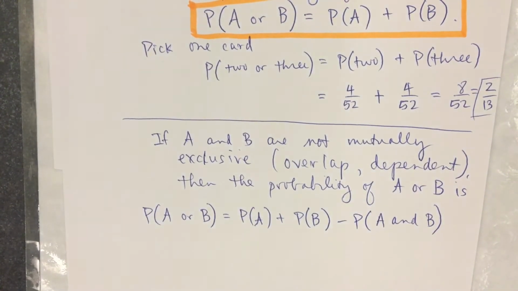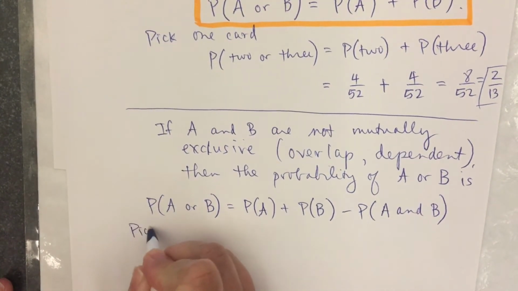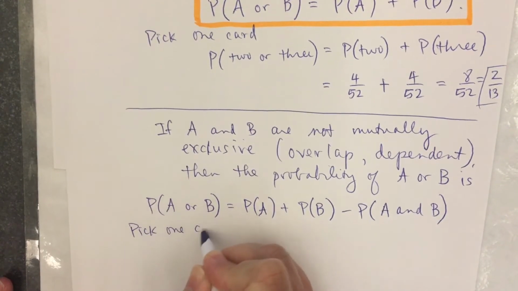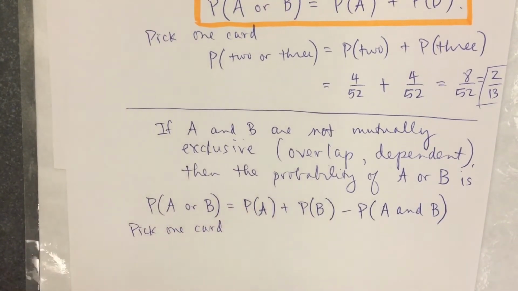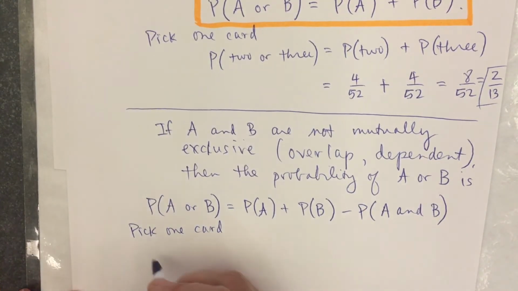Now, in my little card example, I'm going to put that up here shown with this formula. I'll write again, pick one card. I keep writing that because sometimes in the math problems, you kind of have to read between the lines. What did the author intend in that problem? So I'm trying to take that out.